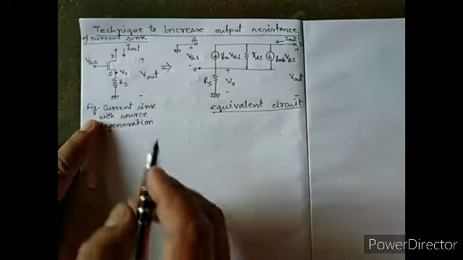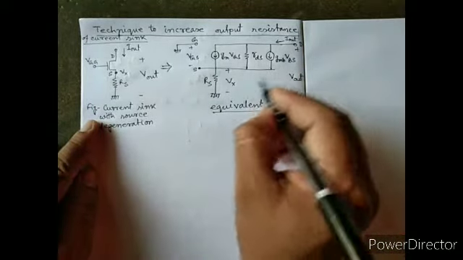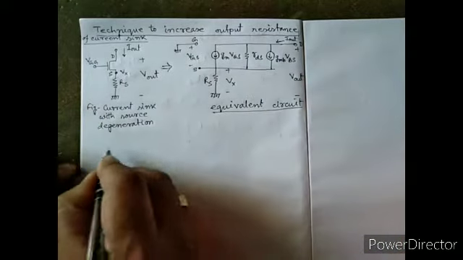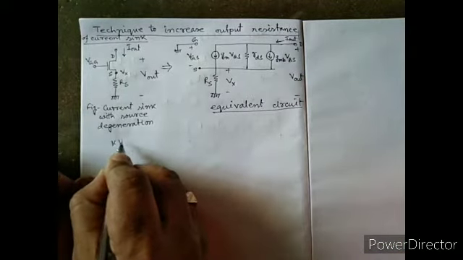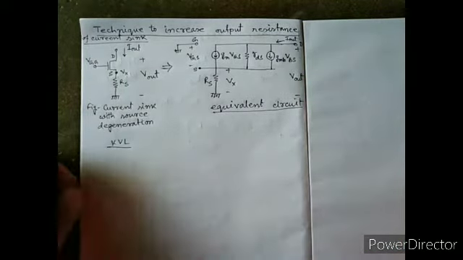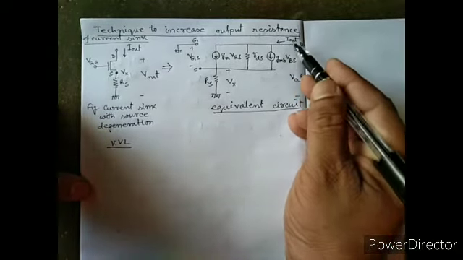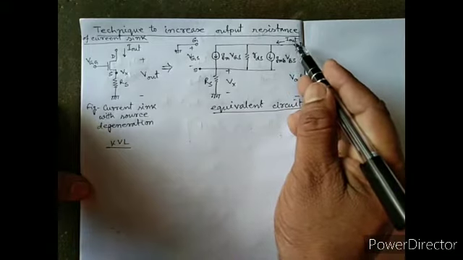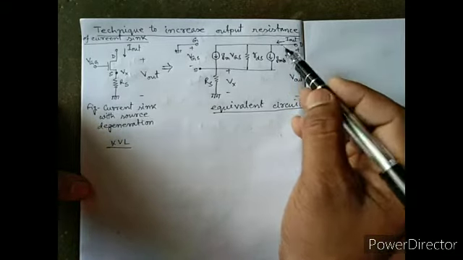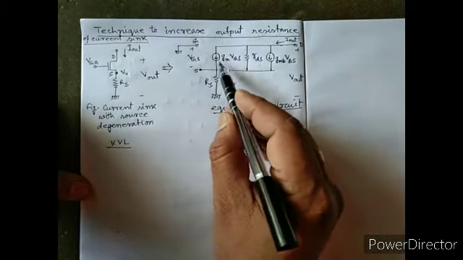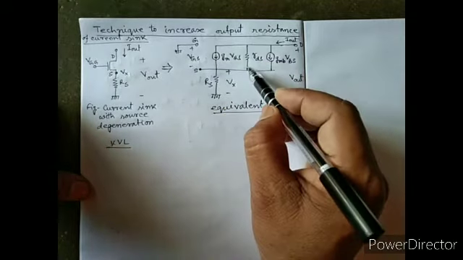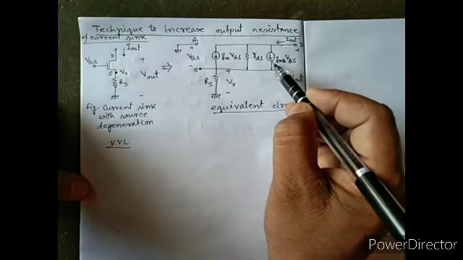Now let's analyze this circuit. If we apply KVL in this part, then this output current I out passes through this branch and this branch.